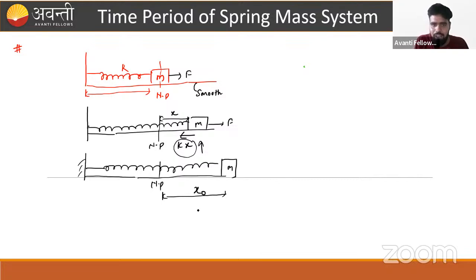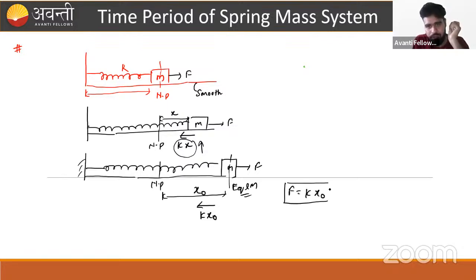So what is the spring force, beta? K x naught. The external force is constant. At this point the net total force on the block is 0, so this is our equilibrium position. We can say that F equals K x naught.